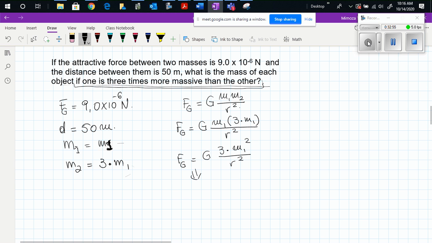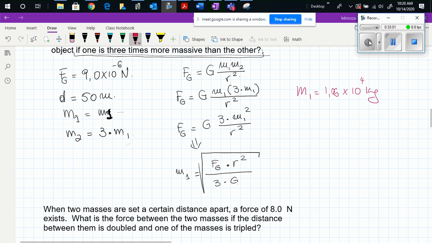From here, we find what is mass 1. Go ahead and do it on your own. So from the calculations, we find that mass 1 is 1.06 times 10 to the power of 4 kilograms.